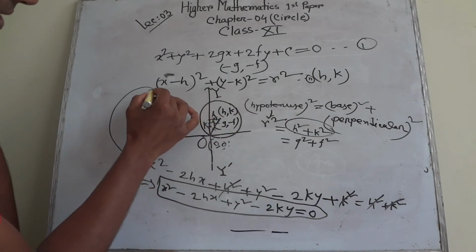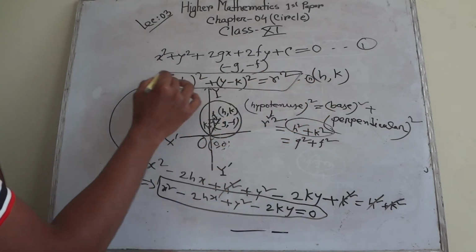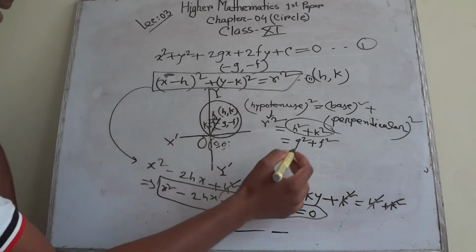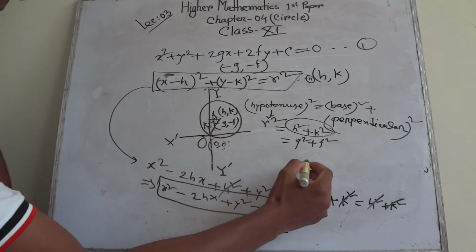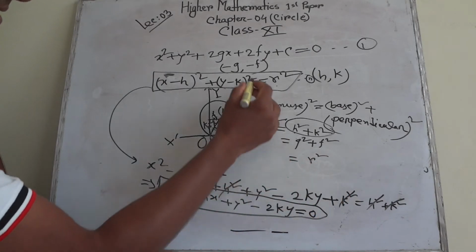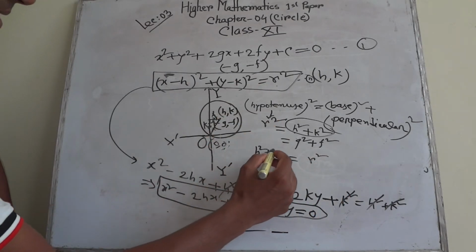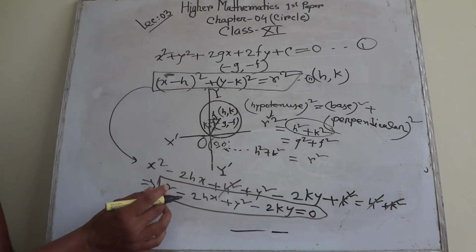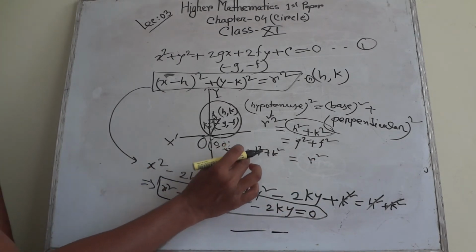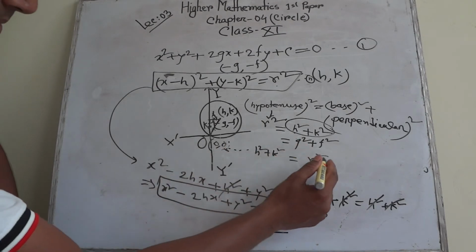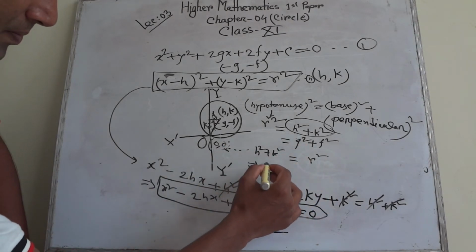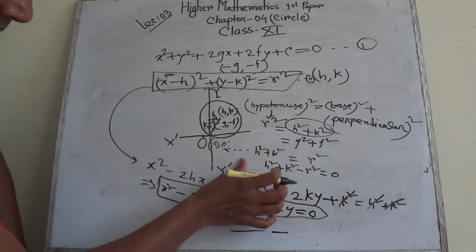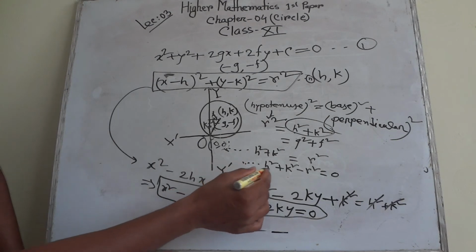After calculating this, we'll get on the right side r square, on the left side h square plus k square, and the remaining part is here. Now h square plus k square minus r square equals 0. Left side complete. We have already explained this.